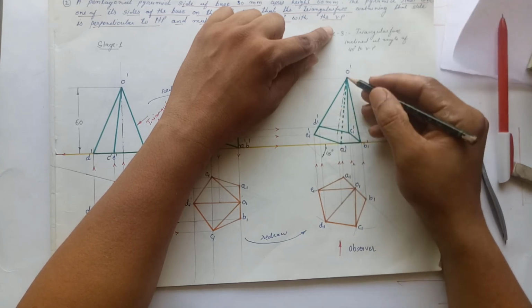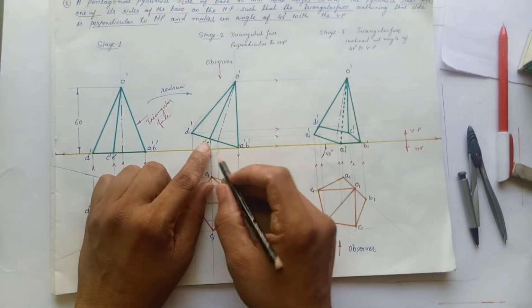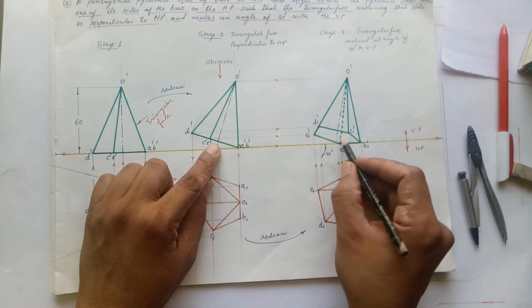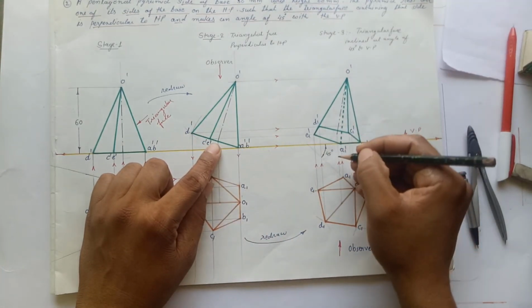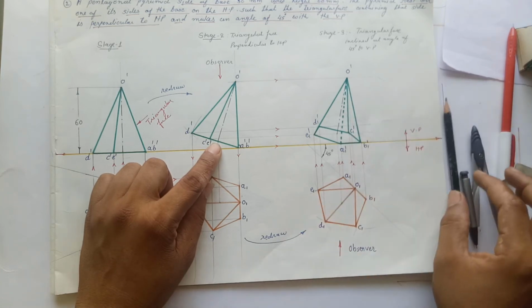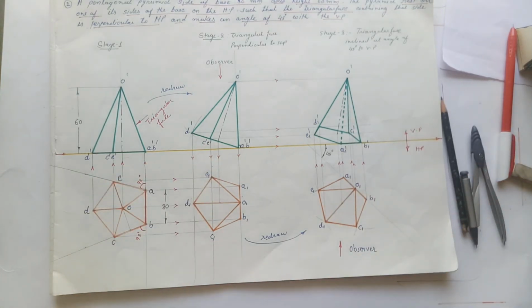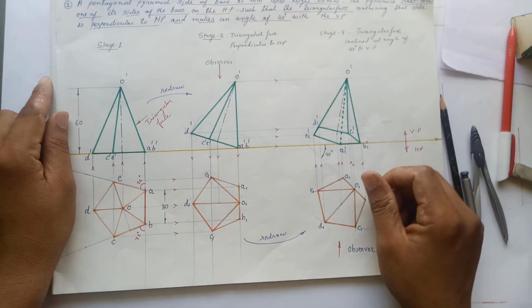So O1 A1 is going to be hidden. Now project the axis and draw the axis. So this is the third stage of the pentagonal pyramid.